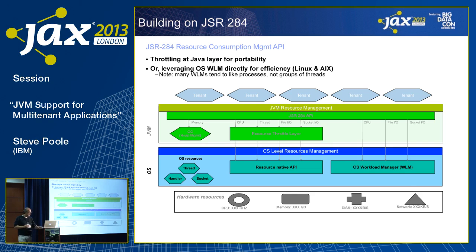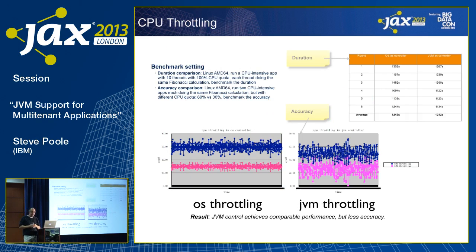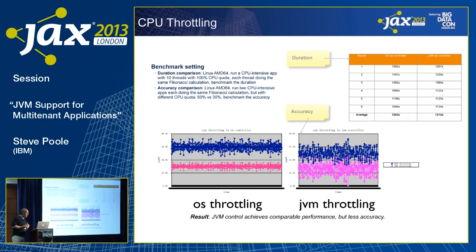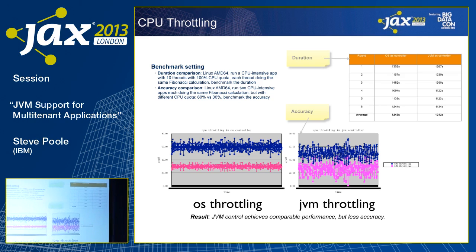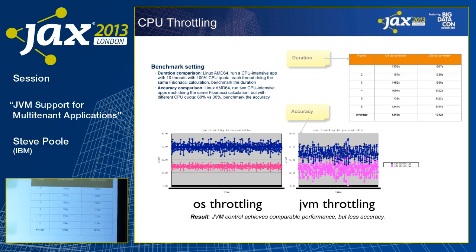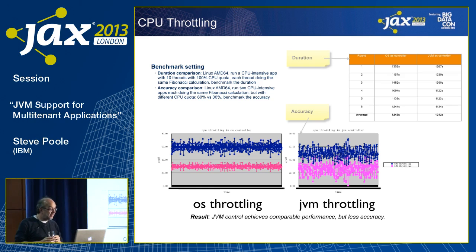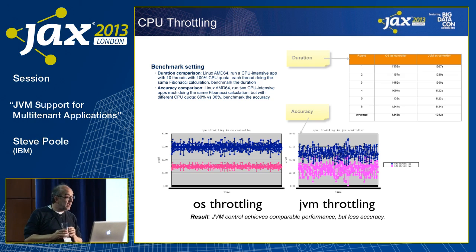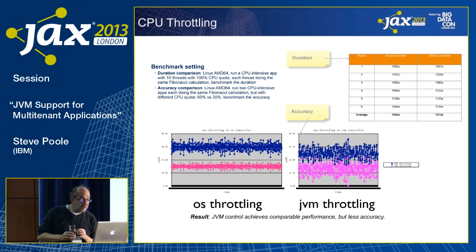So here's the CPU throttling. I'm not sure if you can read the numbers, but what we did was we took a CPU intensive benchmark, 10 threads or thereabouts, and ran it. The interesting thing is, on the left is the OS throttling. I'm not sure if it comes across too much in this, but there's a pink and a blue line.